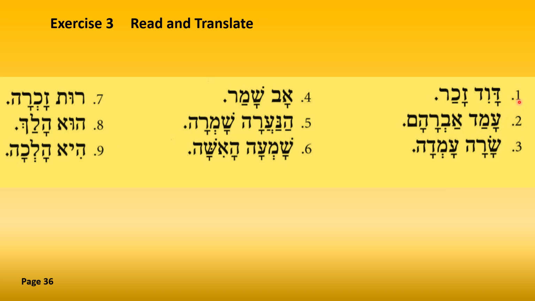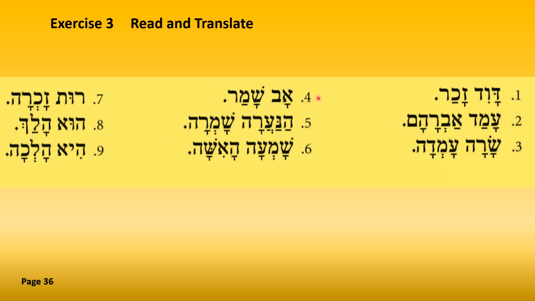Okay, so let's start with number 3 in chapter 6. Number 1, David Zachar. Number 2, Ahmad Abraham. Number 3, Sarah Amidah.